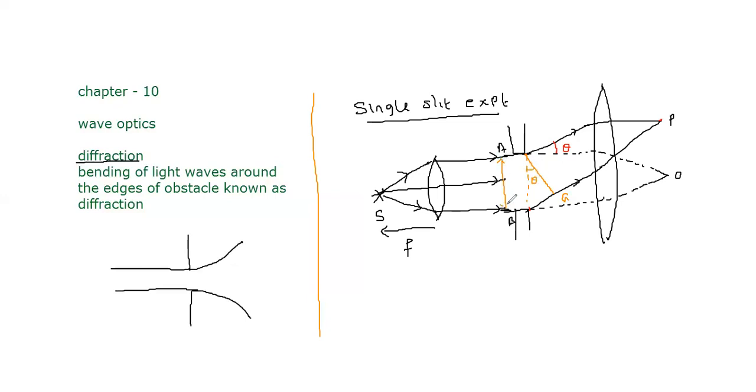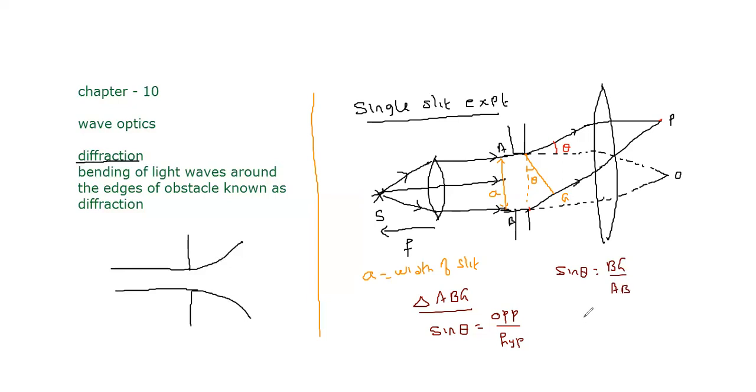And small a is the width of the slit. So what is small a? It's the width of the slit. Now we take the triangle ABG. From this triangle, find sin theta. Sin theta is equal to opposite by hypotenuse. So sin theta is equal to opposite BG, hypotenuse AB.